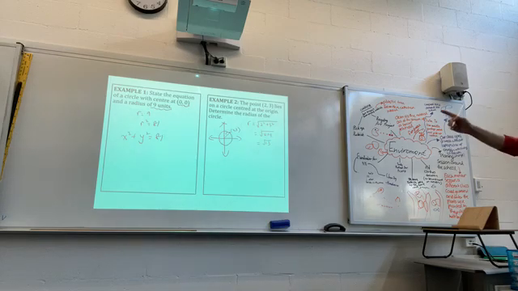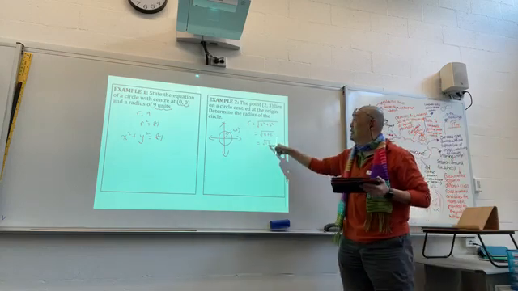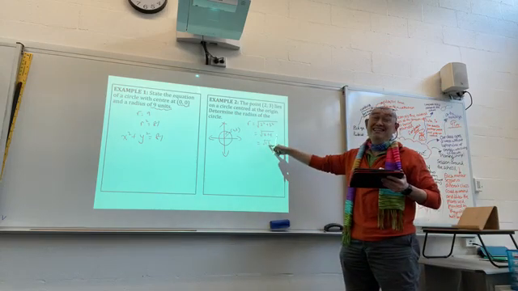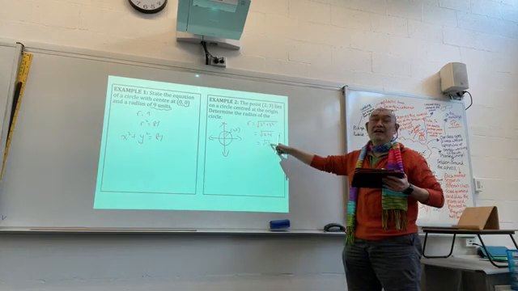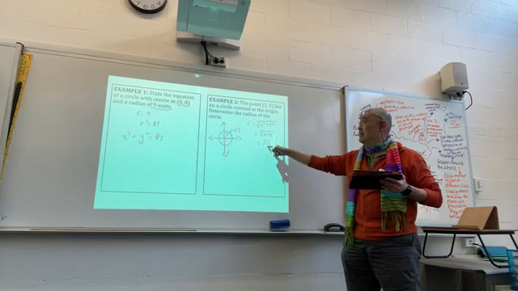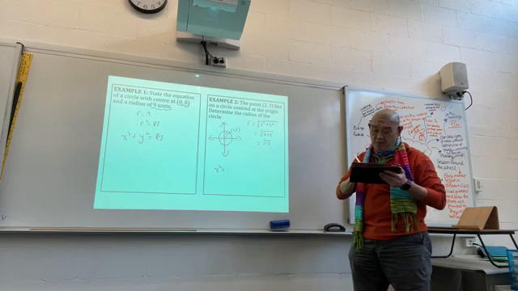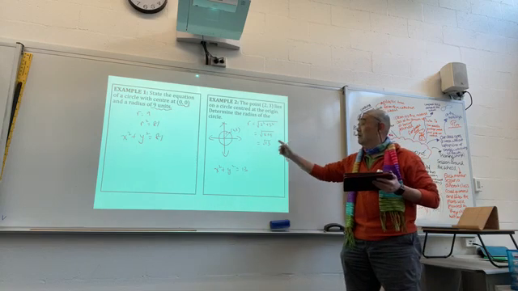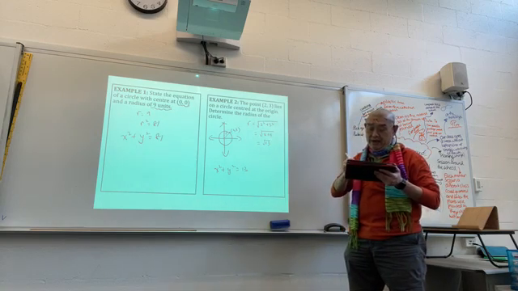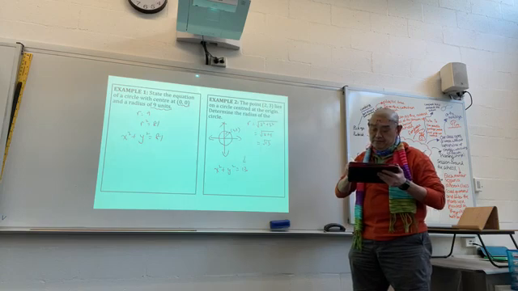So therefore, the radius is not 13, but the square root of 13. And if you need to write the equation, it is x squared plus y squared equals 13, because that's r squared.